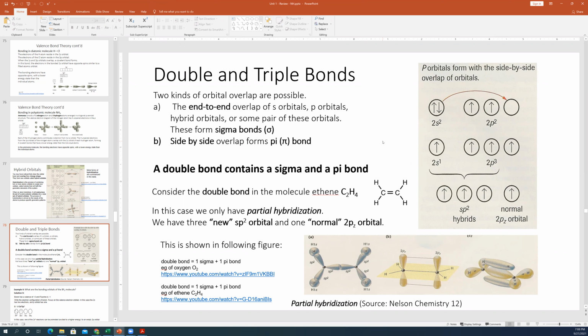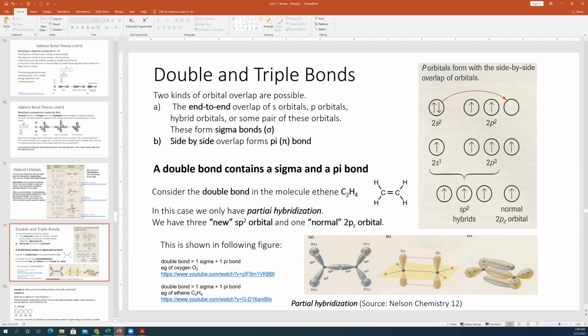So we can consider this molecule of ethene. Ethene is C2H4, and the 2 carbons are joined by a double bond.